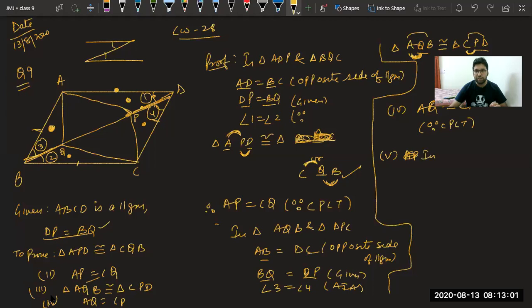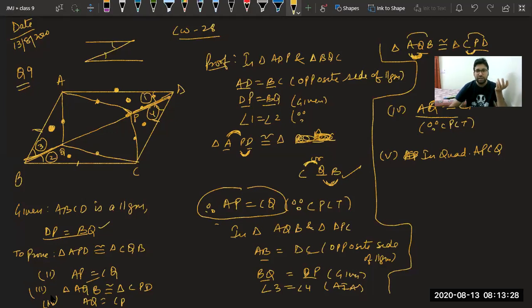So in quadrilateral APCQ, what we can say? We have already proved opposite sides equal. You can see first I have proved AP equal to CQ. AP is this side, CQ is this side. Then I have proved AQ equal to CP, that is this side and this side. And I have told you to prove a quadrilateral parallelogram, you have 5-6 properties.